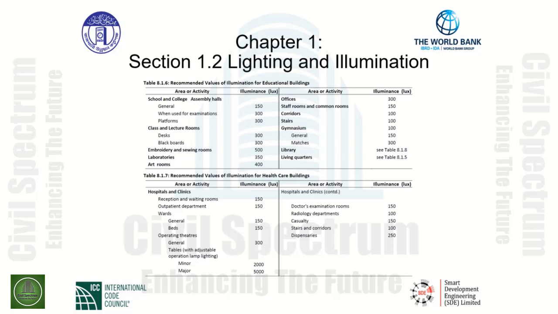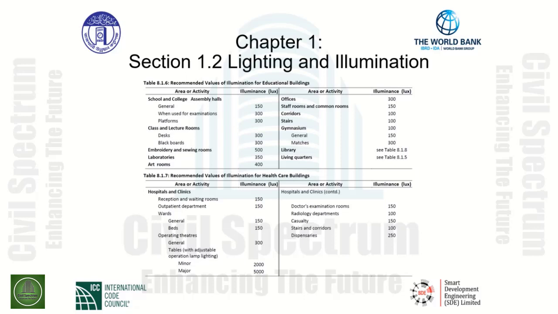When we get into the art rooms of these areas, it goes up to 400 lux. As you can see, we need more and more illumination. Across the table, we have offices at 300 lux, corridors, stairs, gymnasium areas, general areas, 100 lux.